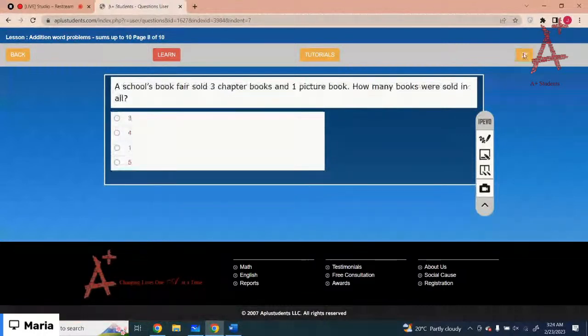Okay, the next one is: a school's book fair sold 3 chapter books and 1 picture book. How many books were sold? You have to do 3 plus 1.